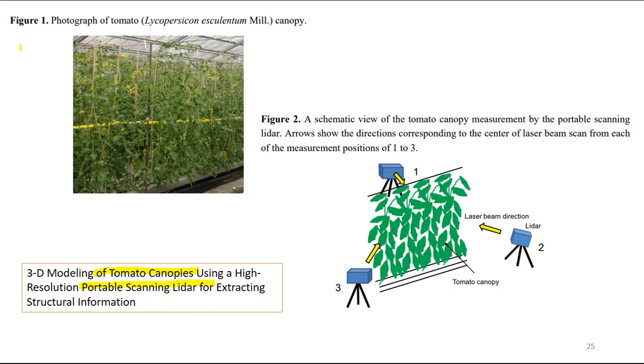The first image shows the canopy of the tomato, and the second one shows they measure using this kind of device, the portable scanning LiDAR at three positions: position 1, position 2, and position 3, to get images from three different angles. After that, we join this information together and create a point cloud.